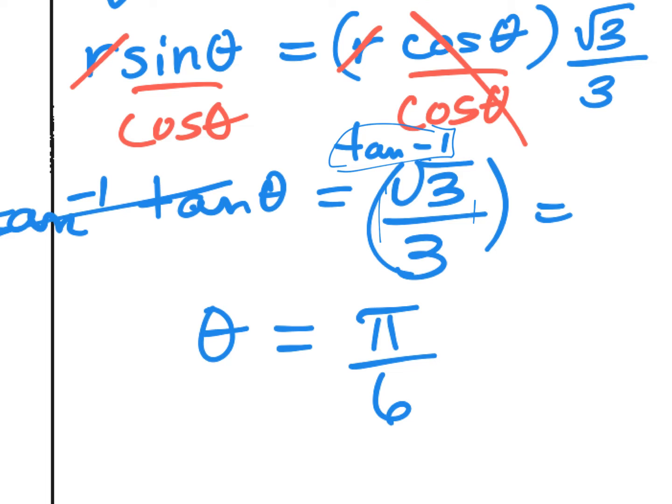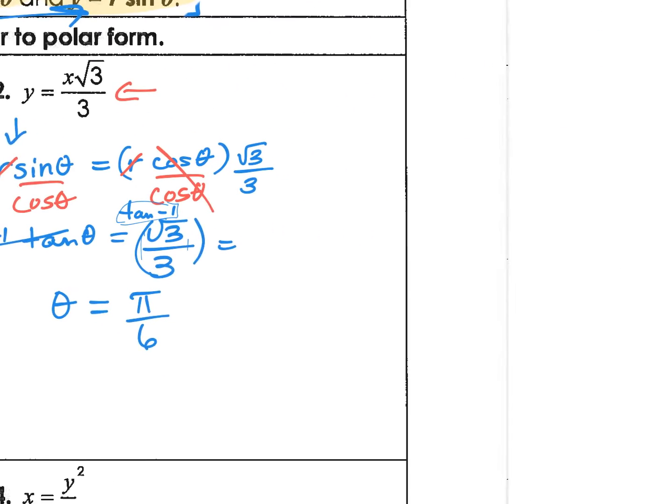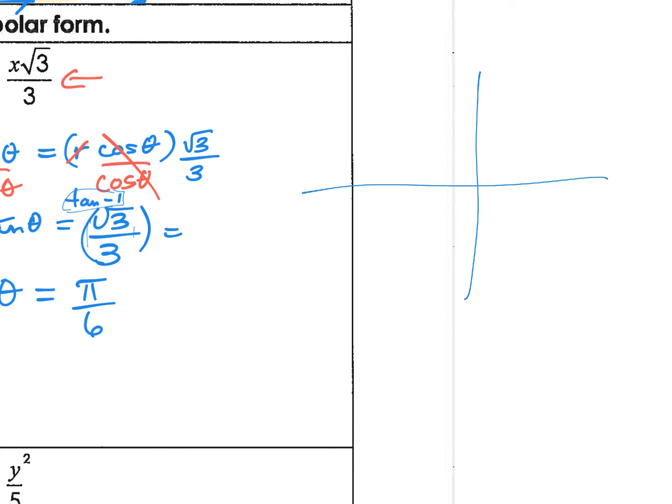I think you got it wrong on your sheet because it starts at pi/6. Pi/6 is √3/3. Pi/4 is 1. Pi/3 is √3. It's getting bigger. And then it goes to undefined.